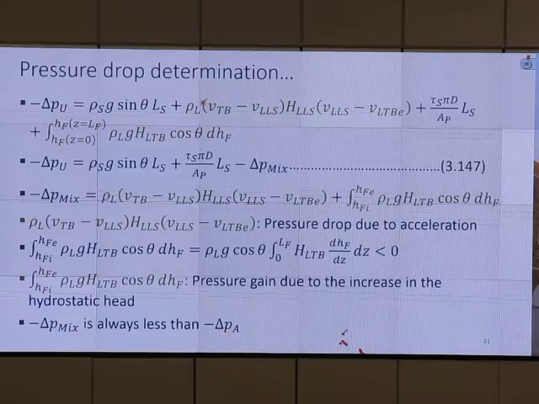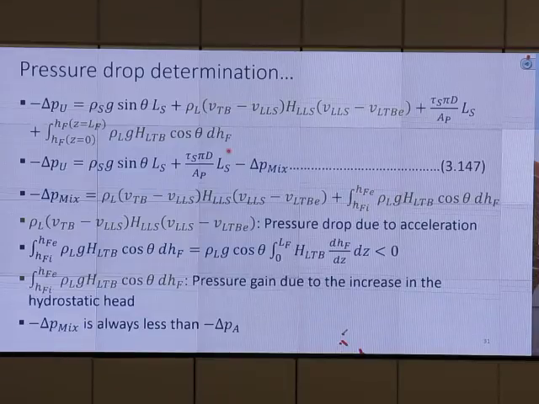Because the acceleration pressure loss term is positive, since VTB is greater than VRS, and VRS is greater than VRTB. This term is the same and positive, but the last term that has cosine theta is negative.